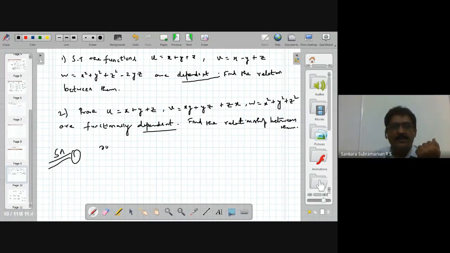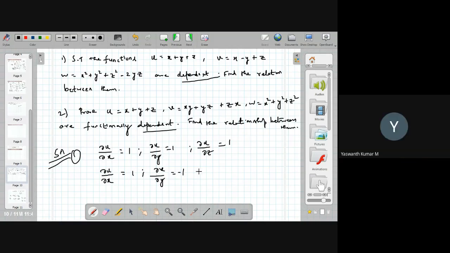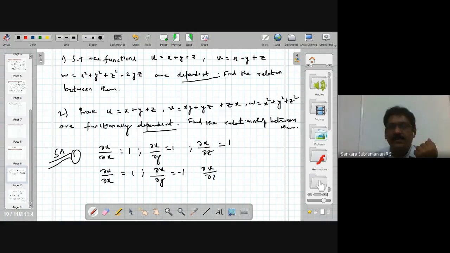Find dou u by dou x. You get 1. Find dou u by dou y. Again 1. Dou u by dou z, 1. Then dou v by dou x, 1. Dou v by dou y, minus 1. Dou v by dou z, plus 1.